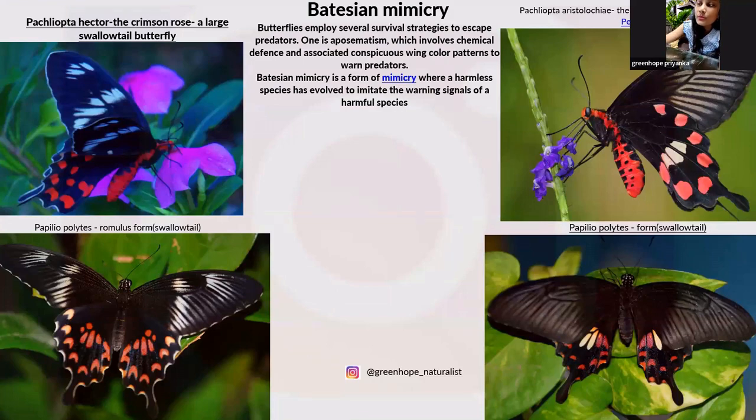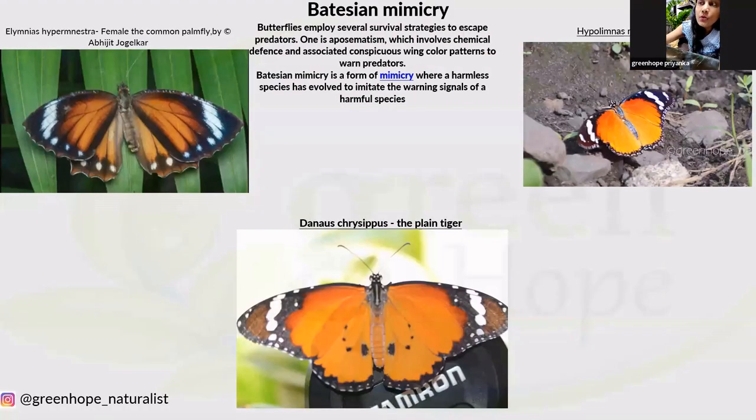Next slide is also about mimicry. I will go fast. We saw in the Nymphalidae family, this is the plain tiger. The plain tiger's caterpillar eats milkweed family plants, giant milkweed. On top, on the left side, is the danaid eggfly female butterfly, and only the female mimics.